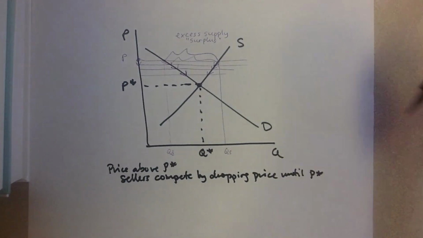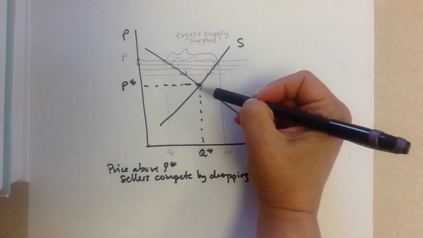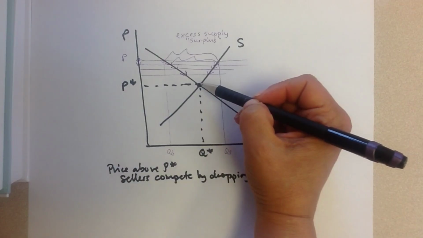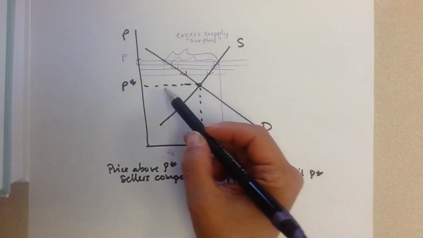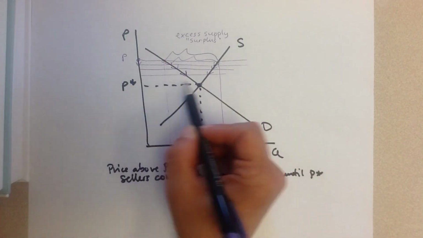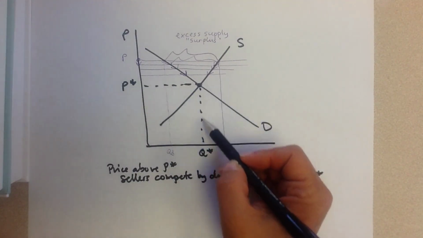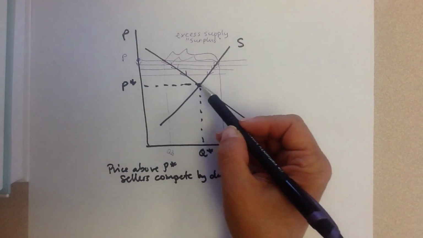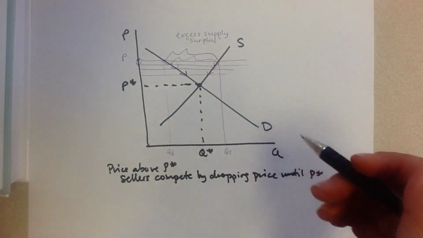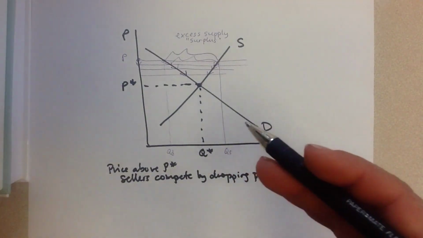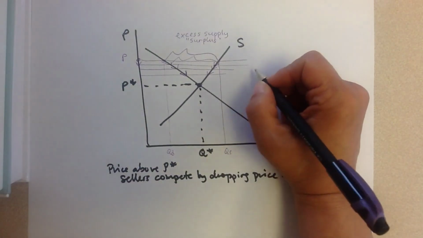At that equilibrium price, there's no more competition because everyone is satisfied. Everybody who wanted to buy at that price can buy, and everybody who wanted to sell at that price can sell. Quantity demanded and quantity supplied are equal, so everybody goes home happy, and we also call it the market clearing price.